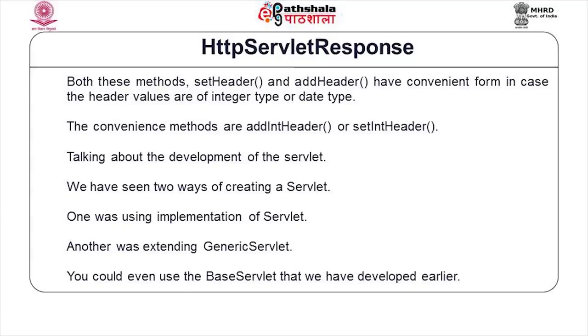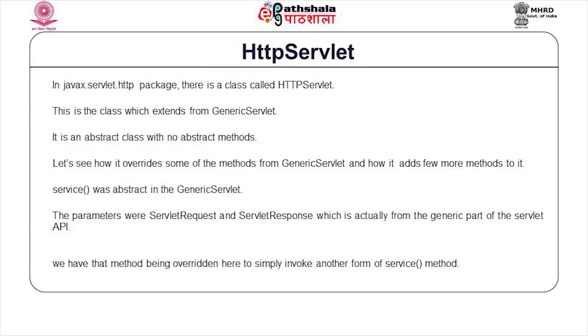Now, let us look at another thing. Since we are talking about the HTTP protocol specifically, we even have one more class available as part of the API. In the javax.servlet.http package, there is a class called HttpServlet.